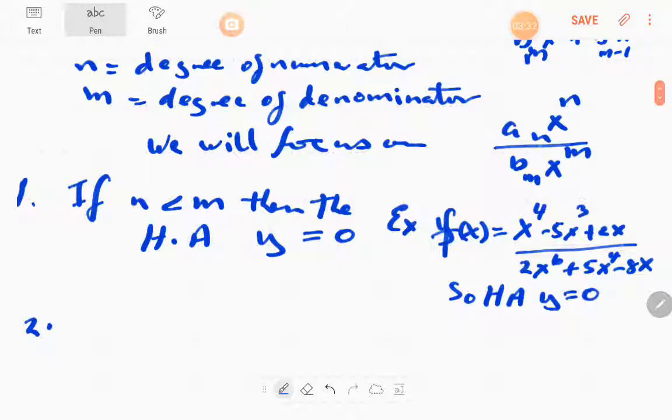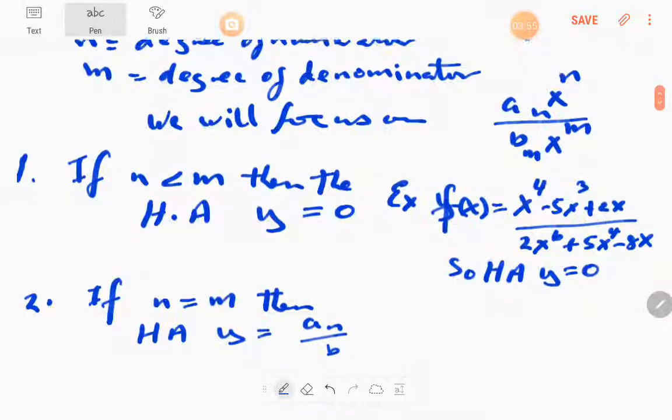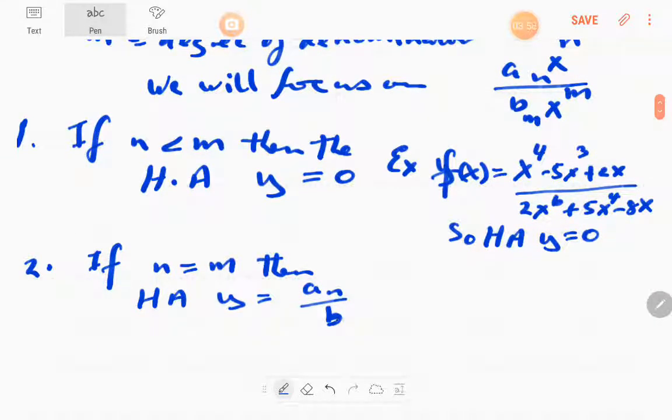The second scenario is if the degree of the numerator is equal to the degree of the denominator. Then the horizontal asymptote would just be the coefficients of the largest power. So this would be a sub n over b sub m.